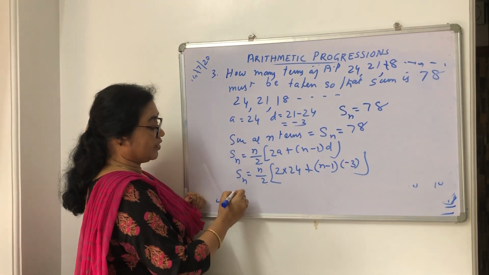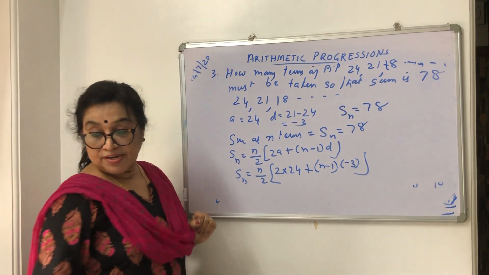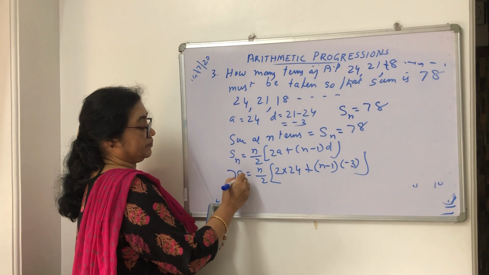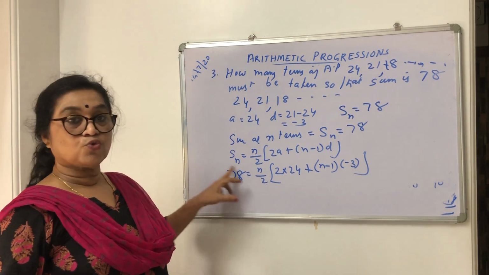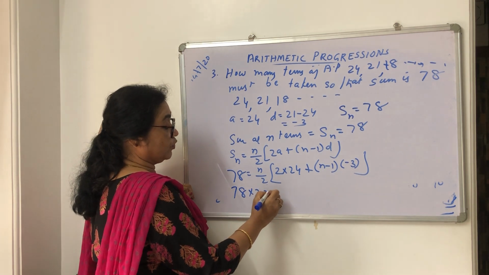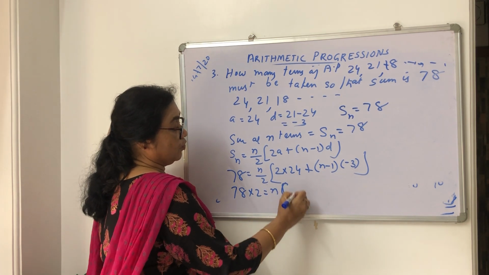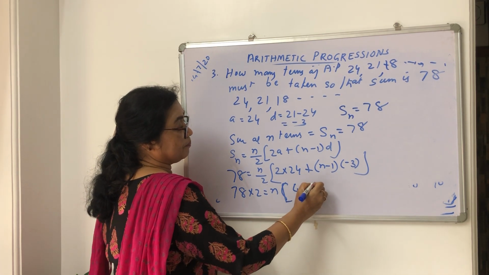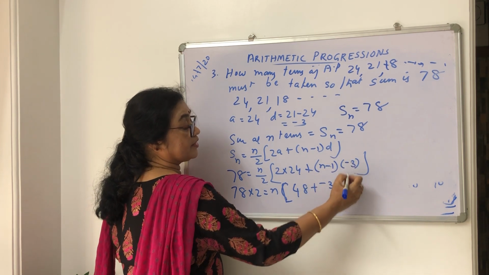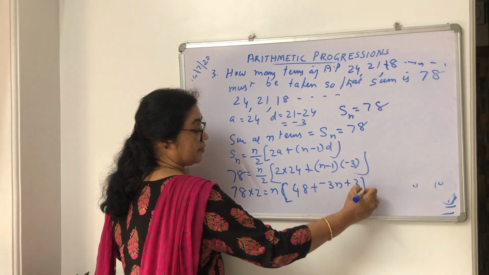The value of Sn is given as 78. Taking the 2 to this side, 78 into 2 equals n into 48 plus minus 3 into n, which is minus 3n, minus minus plus 3.